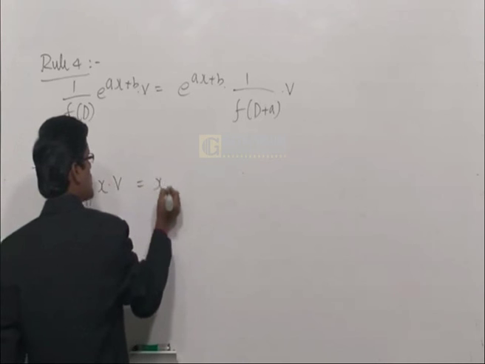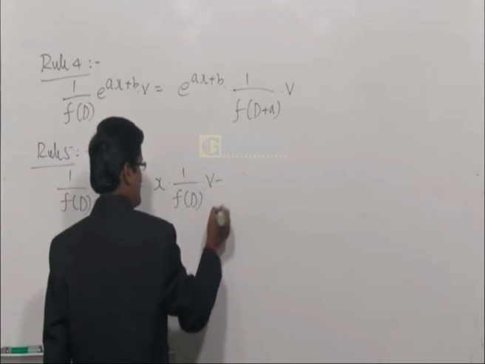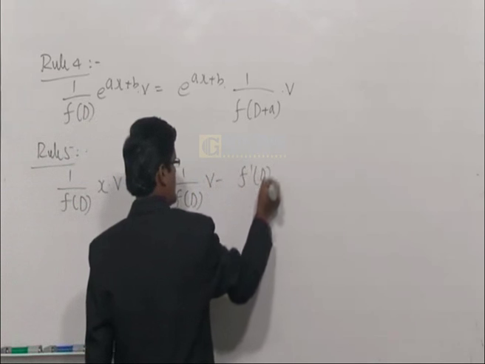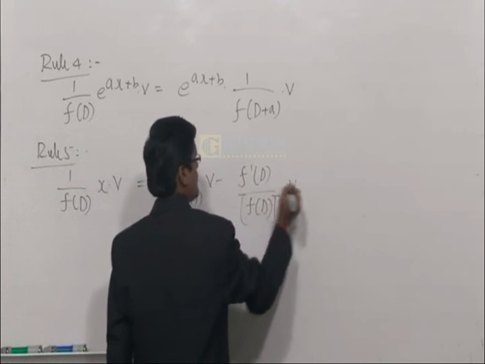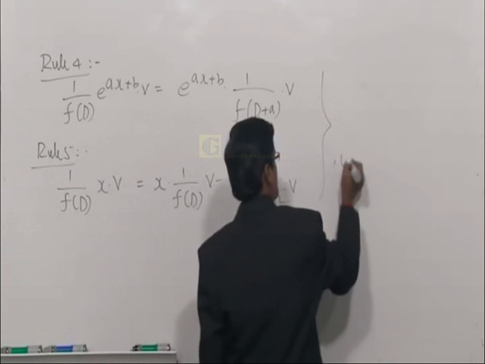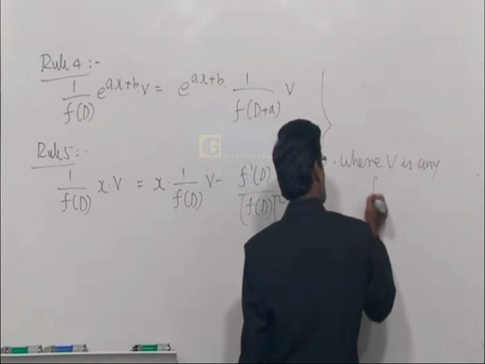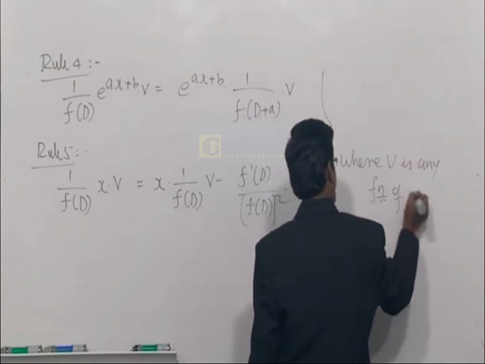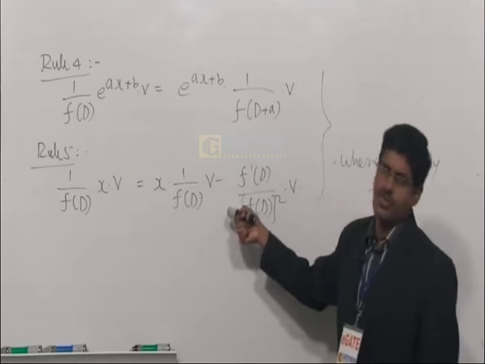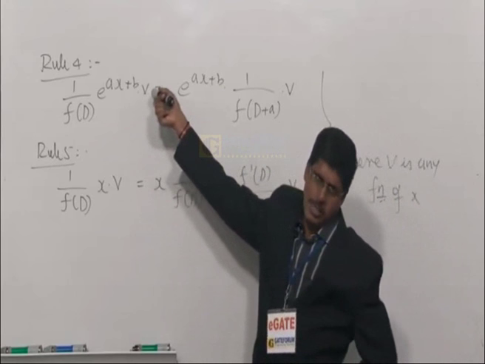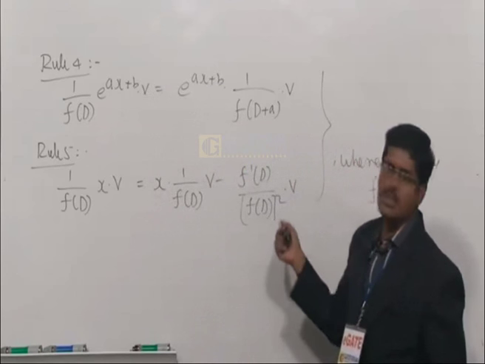In this, x into 1 over f of d into v minus f dash d divided by f of d whole square into v, in both where v is any function of x. Generally x into sin x, x into cos x is useful. In this, e power ax plus b into sin x, e power x into cos x, e power x into x square, that is useful, like that. This is the procedure.